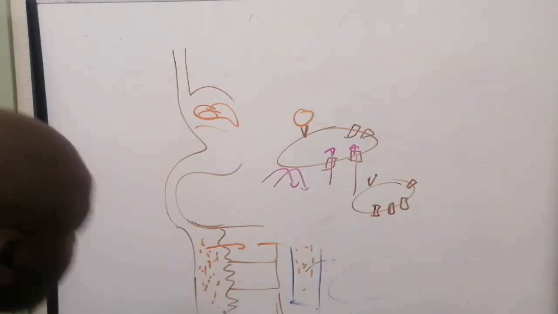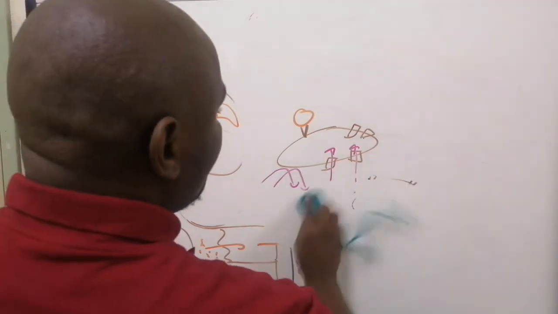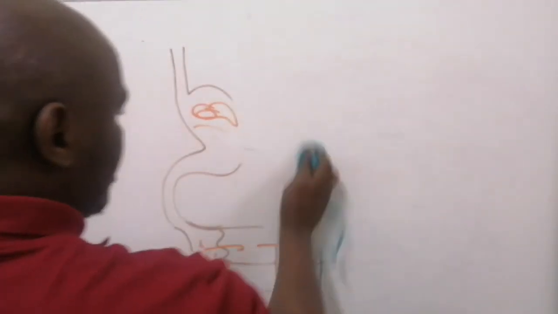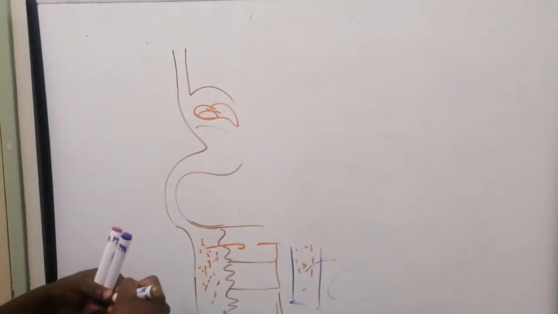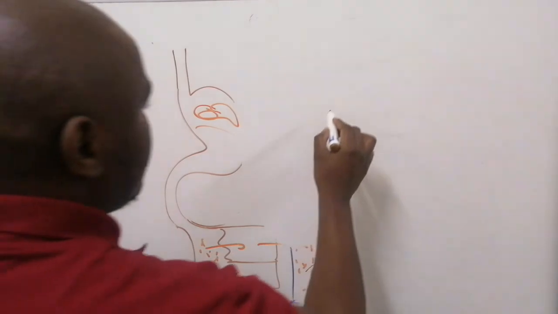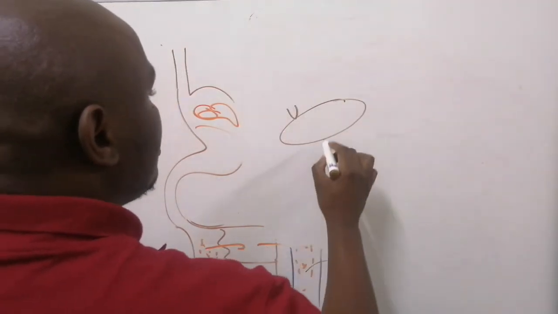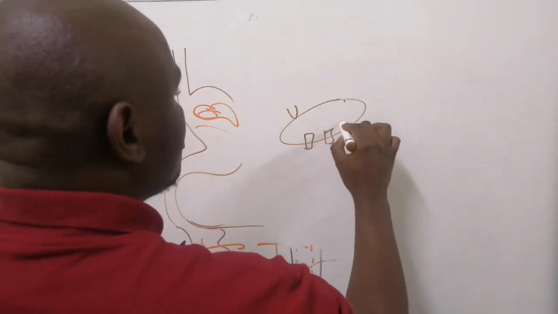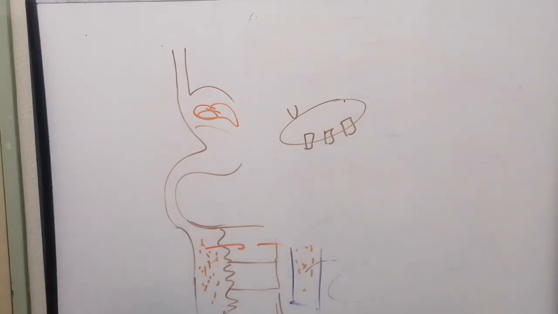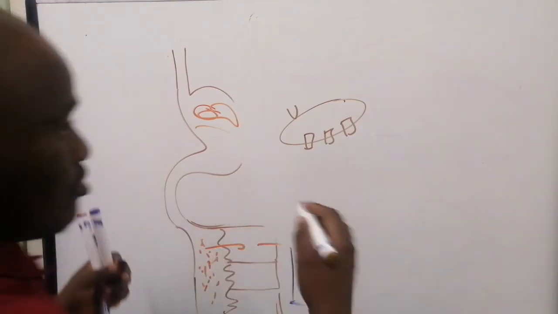Now let's talk about what happens when you are diabetic and you are on insulin and you exercise. Same muscle, same receptors, you are exercising, so you are going to express GLUT4s on your muscle cell surface. So now let's say when you are not exercising, you take your insulin.